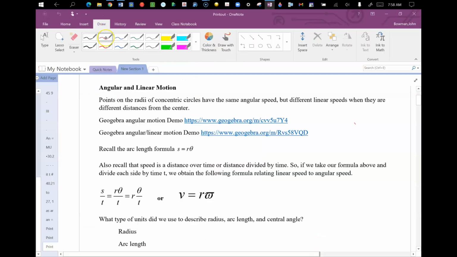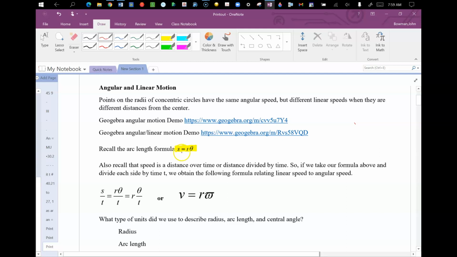You might be asking how that relates to the arc length formula that we've talked about before. As you probably know, if you take a distance divided by a time, you get a velocity or a speed.